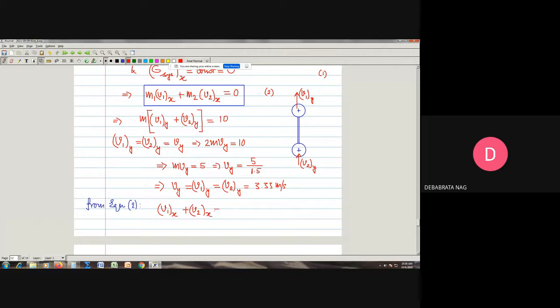That means the two velocities will be in opposite senses, correct?